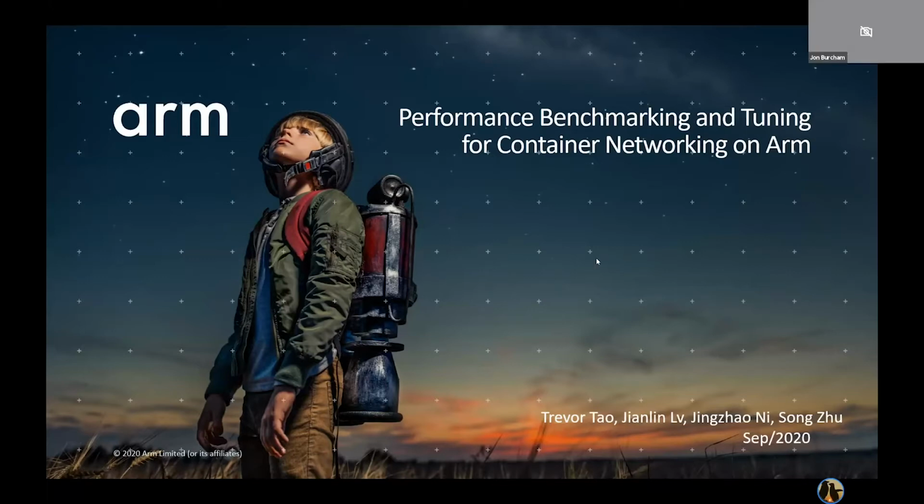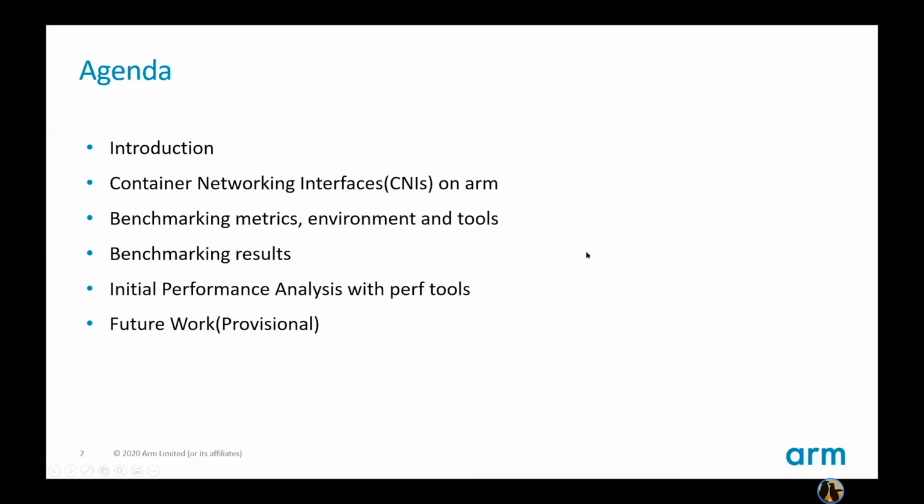I will talk about our performance benchmarking and tuning for container networking on ARM, which is about our work on the performance benchmarking issues. For this slide, I would like to introduce the following agenda. First, I will give a brief introduction about the topics, and then I will talk about the container networking interfaces on ARM.